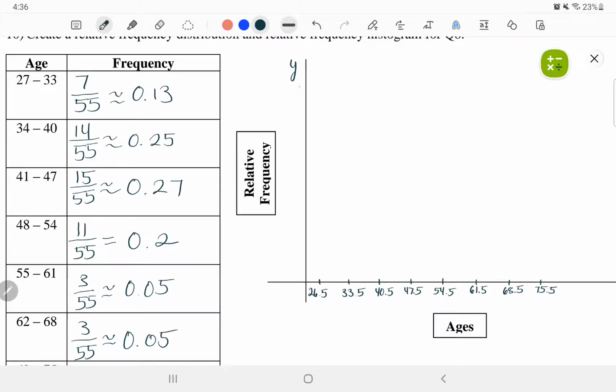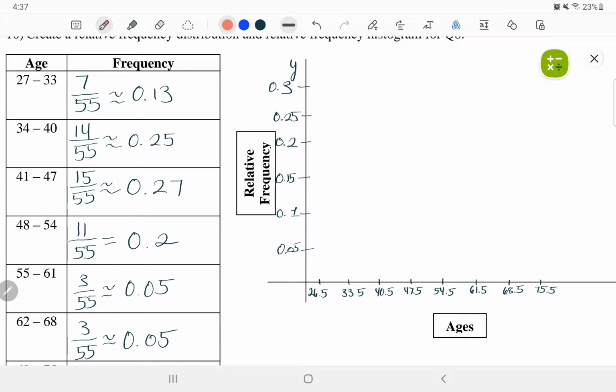Let's go to 0.03, 0.15, 0.05, 0.010. Oops, fix that. All right.